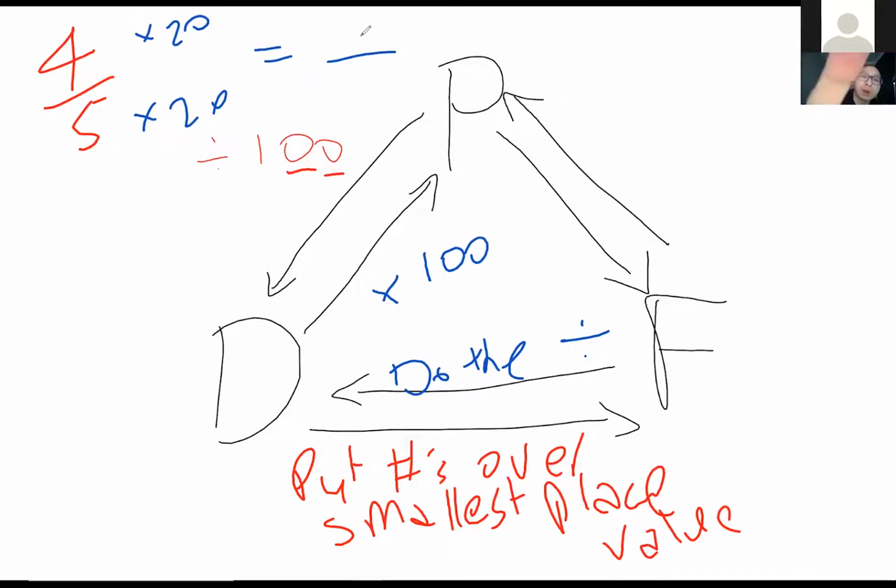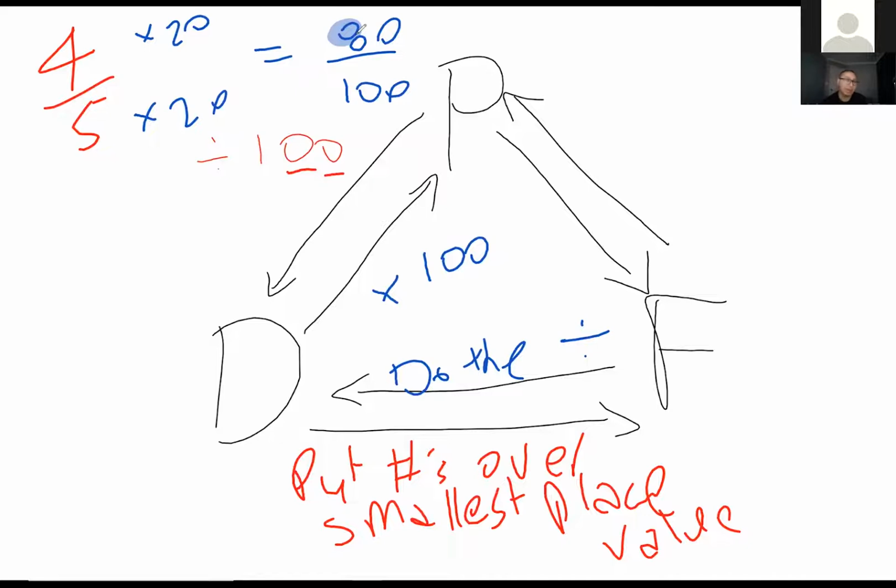So the bottom number is going to be 100. 5 times 20 is 100. Top number is 4 times 20, which is 80, right? And that gives me a really easy fraction to convert to a decimal, because 80 out of 100, I just move the decimal point to the left 2 times, do the same thing I've always done, and that's 0.8 as well.